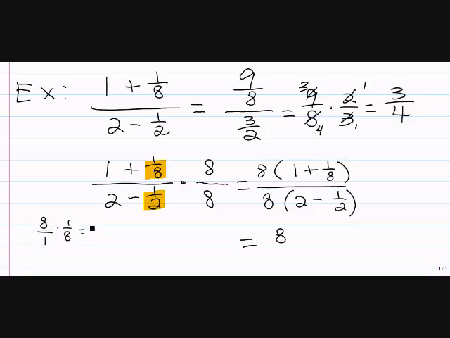That's 8 over 8. That's 1. 8 plus 1. Over, now distribute the 8 on the 2 and the negative 1/2. 8 times 2 is 16, minus 8 times 1/2. Half of 8 is 4. So this becomes 9/12, which is the 3/4 that we got before.